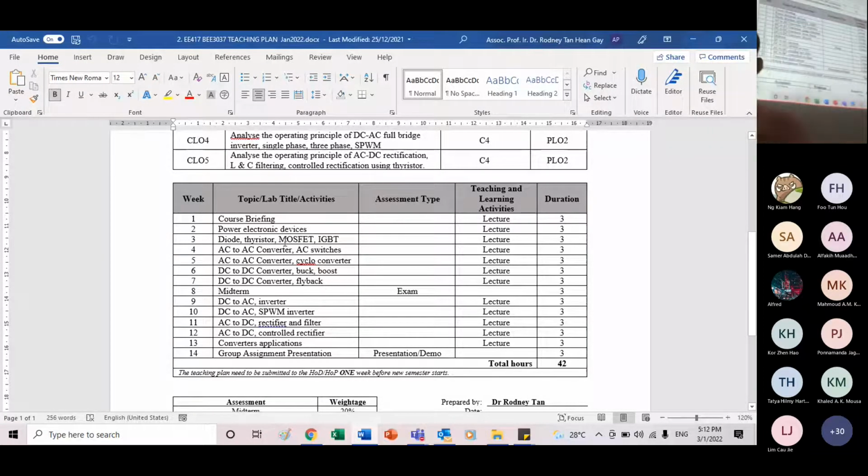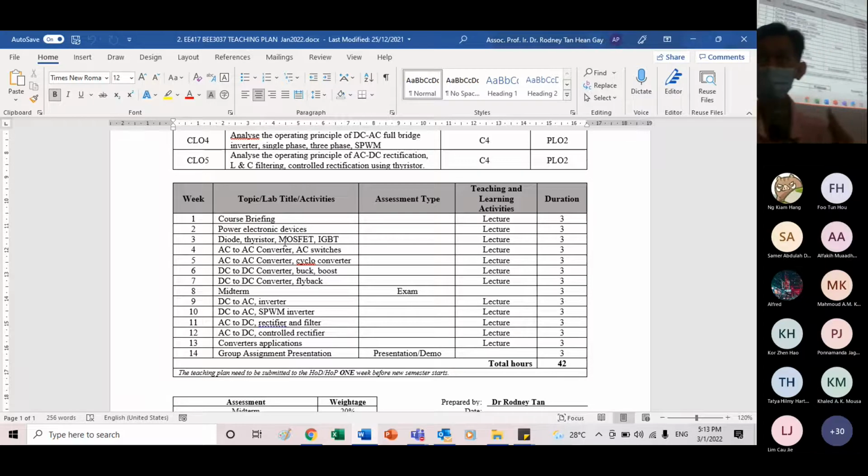We can never follow exactly the teaching plan. Of course, the midterm will be at week 8 or 9, depending on the progress of the class. And the last week, basically there is no more class. The last week is only for you all to do your assignment, presentation, and demo.